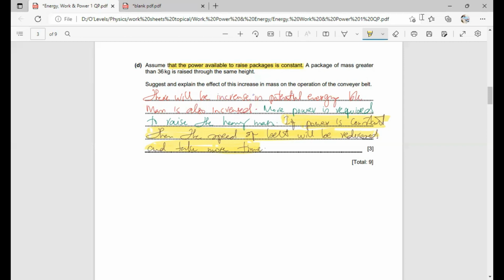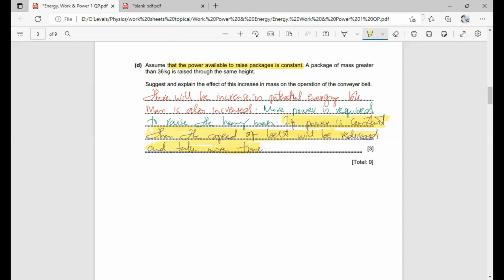As per the potential energy concept, the mass is increased, so we require more power. But according to the question the power availability is constant, so the speed will be reduced and it will take more time.